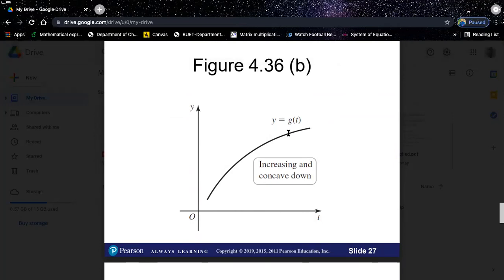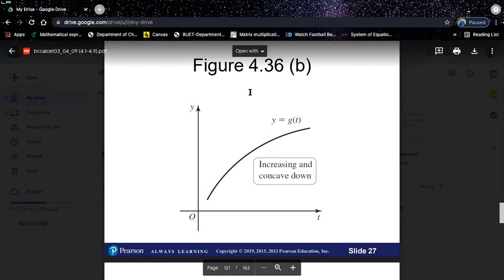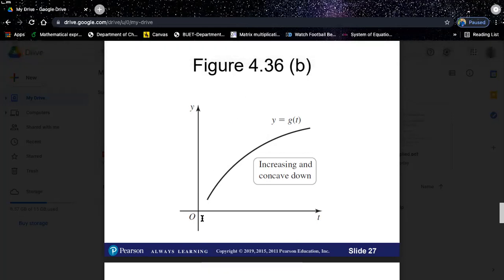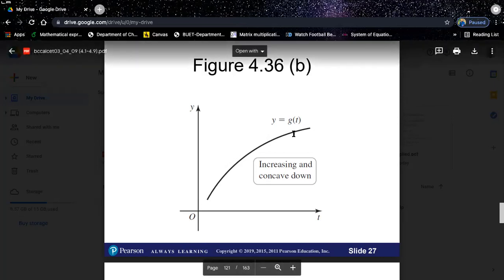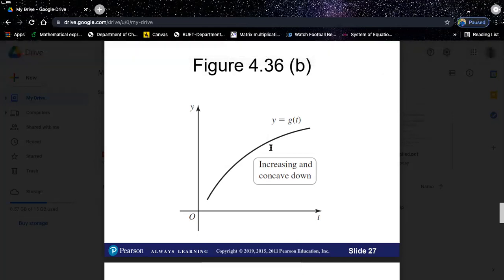If you draw a tangent line here, it will go like this, a smallish angle. But if you draw a tangent line here, it will definitely go like this, a much bigger angle. The slope is much bigger here. So you can see, even though the function is increasing, the first derivative is actually decreasing. And our definition says if that's the case, we say it's concave down.